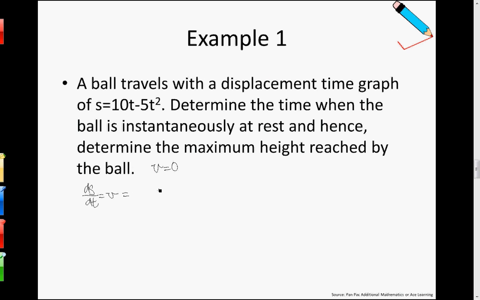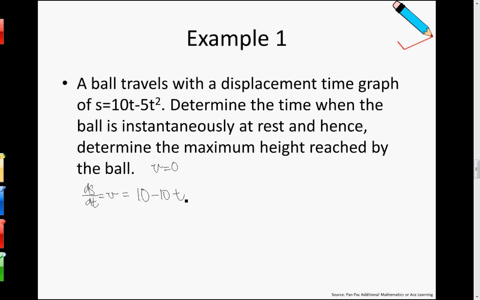So what I have to do over here is say that ds/dt equals v, and I differentiate this equation to give me 10 minus 10t.